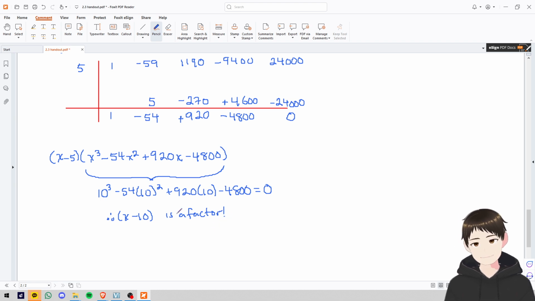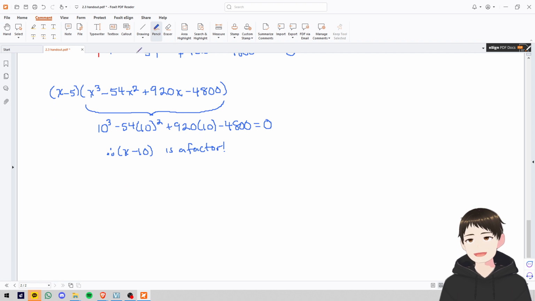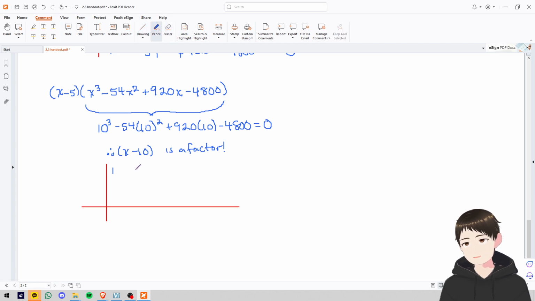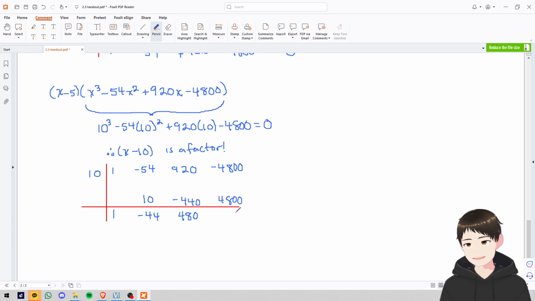Right? Don't stress out about the big numbers. Like, if I gave you an equation like this, this is what you would do. And you probably have more manageable numbers, of course. So let's do it. Once again, by reflex, as soon as you find a factor, we're going straight into synthetic division, and that is a 10, 1, 10, negative 44, 440, oof, this is testing, 480, 4,800, and 0.